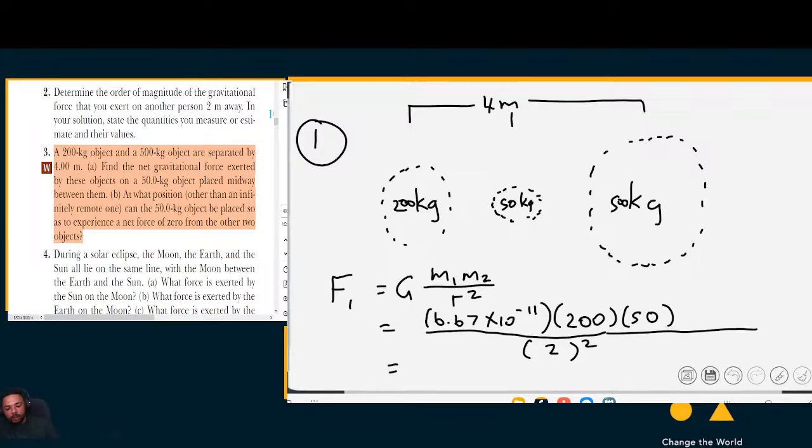So the force between the 200 kilogram mass and the 50 kilogram mass is equal to 1.67 times 10 to the negative 7 newtons.